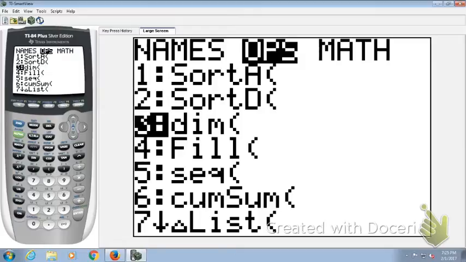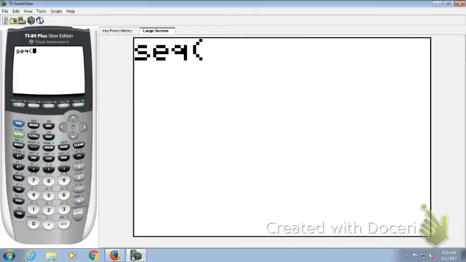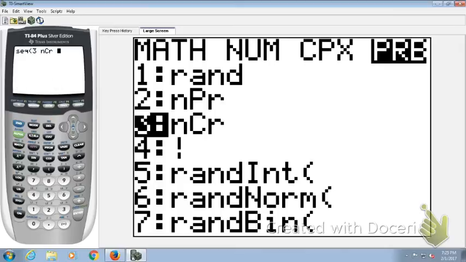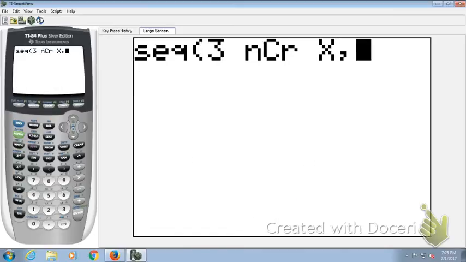I'm going to go over to sequence under ops. My expression is going to be 3 choose x, so 3 math PRB, combination x. My variable is x, and I'm going to count from 0 to 3 by ones.